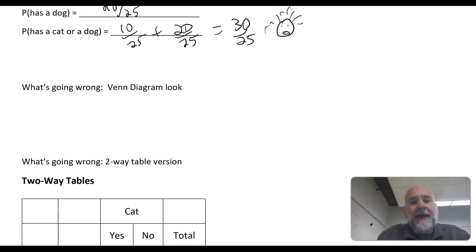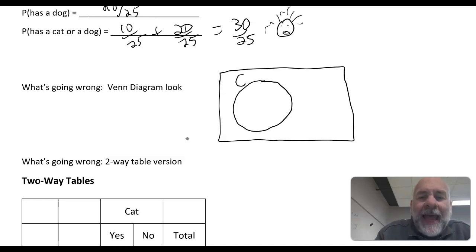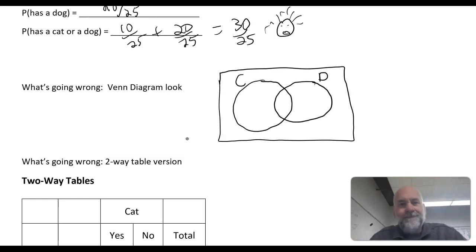One is a thing called a Venn diagram. In a Venn diagram, you imagine everybody in the class in this abstract box. We've got one circle, and everybody who owns a cat is in that circle. Then we've got another circle, and everybody who owns a dog is in this circle.